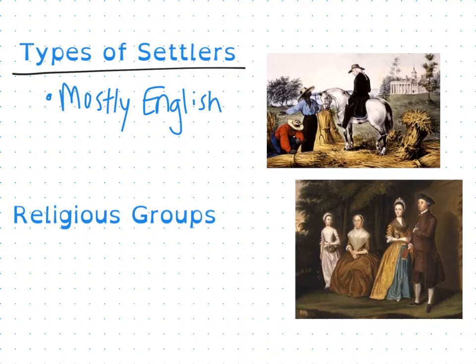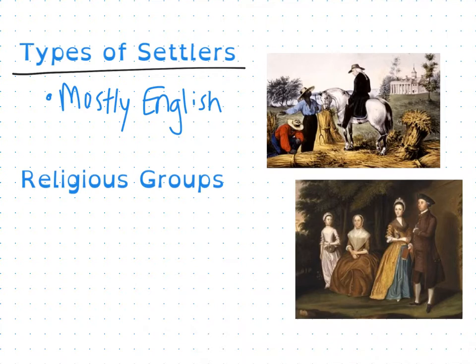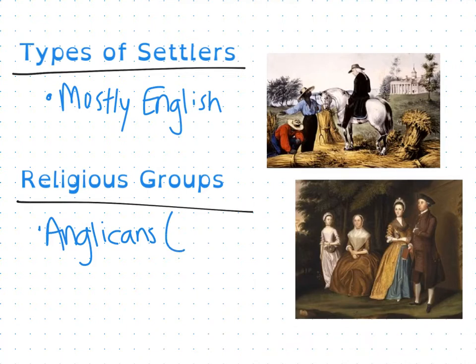What that meant for religious groups then, move this up a little. In terms of religious groups, we had the Anglicans, and that meant Church of England. Anglican, the Church of England.